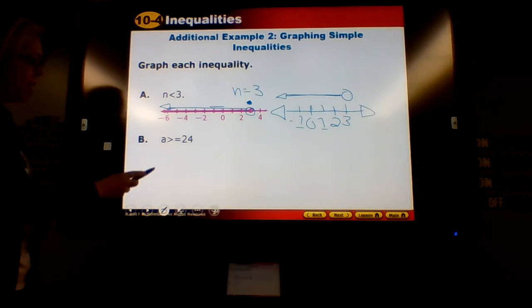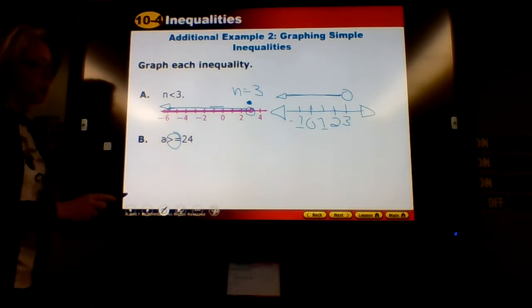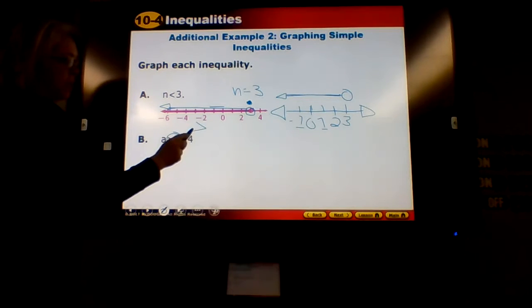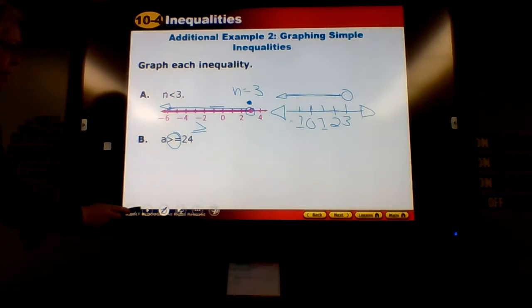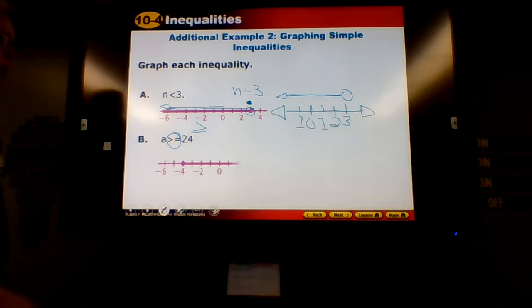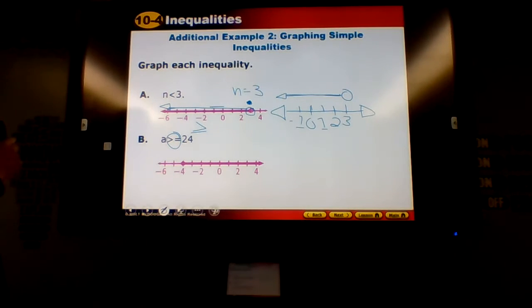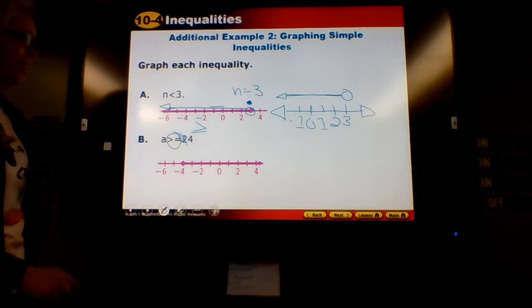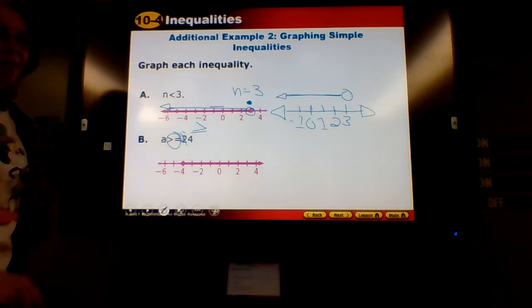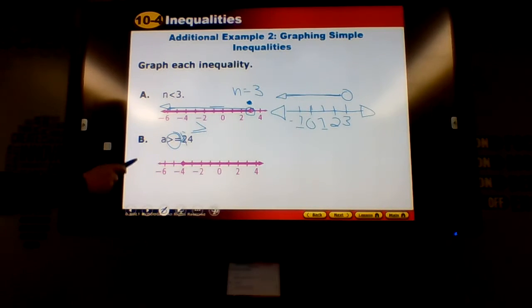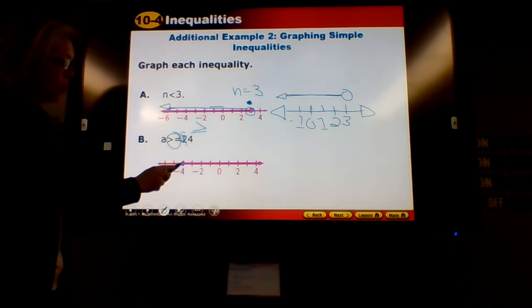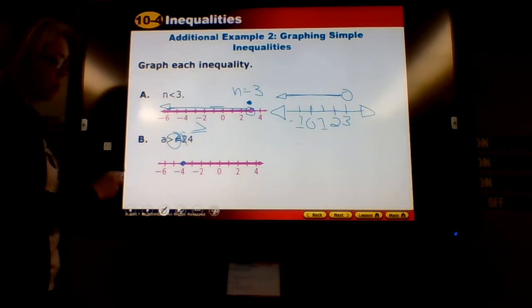Here's another one. This is a weird inequality. I don't know why they wrote it like that, but that should be greater than or equal to. A is greater than or equal to 4. So we draw our number line, and okay, so that 2 is supposed to be a negative sign. They messed up. Greater than or equal to negative 4. Solid circle because it has the equal to symbol, right?